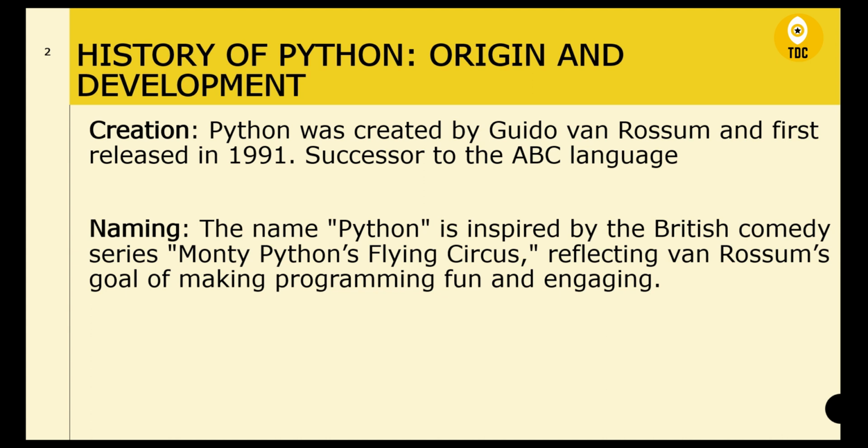This Monty Python's Flying Circus had that fun and engaging element. That is why he named it Python, to reflect that his intention was to make a programming language that is fun and engaging from the programming perspective, right? So that was his whole intention.